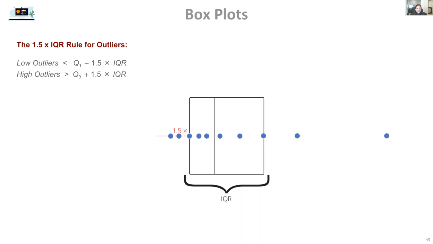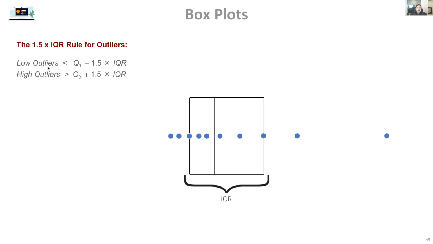Next, we look at a subset of the data ranging between 1.5 times IQR below Q1 and 1.5 times IQR above Q3. Anything outside this range is called an outlier. So in this example, we only have one outlier, which is this data point.